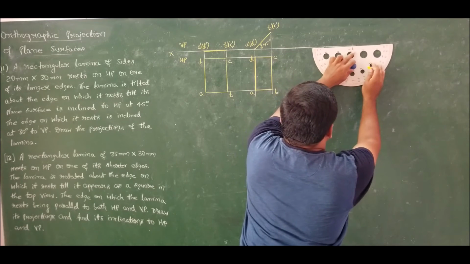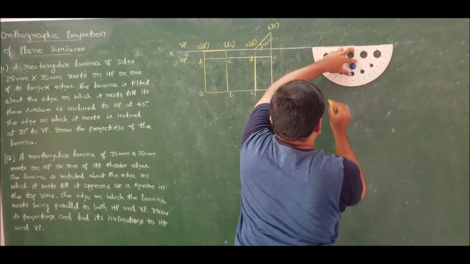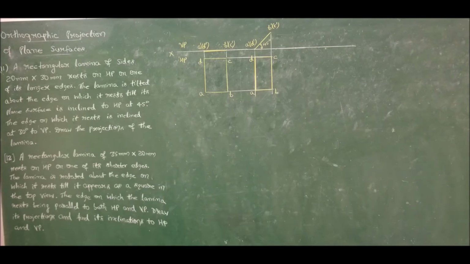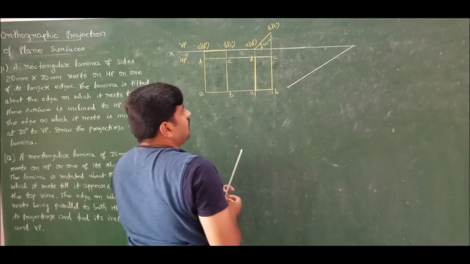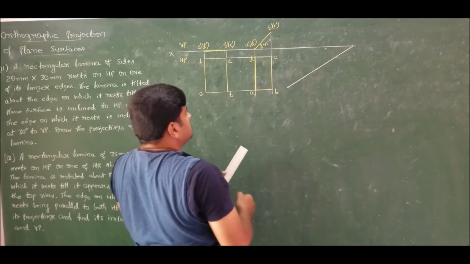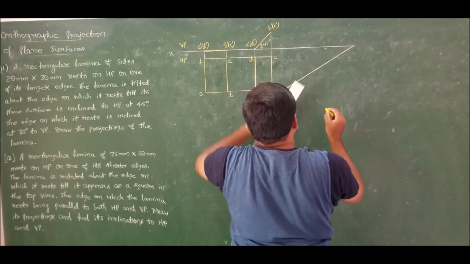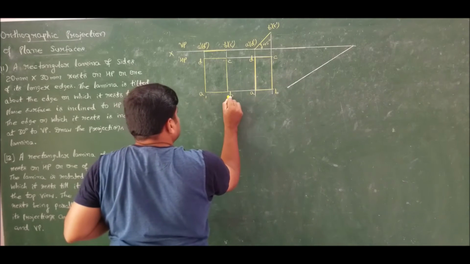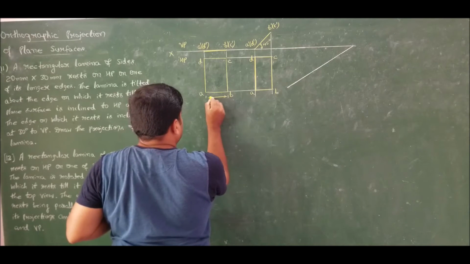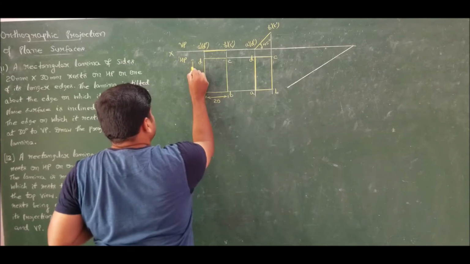Draw a 30 degree line. Drawn. On this line I should get the longer edge A dash D dash. So mark A and D whose dimension is already known. This is 20 and this is 30.